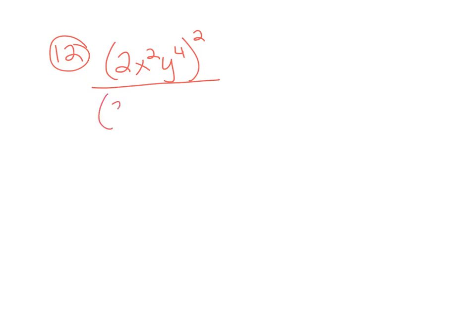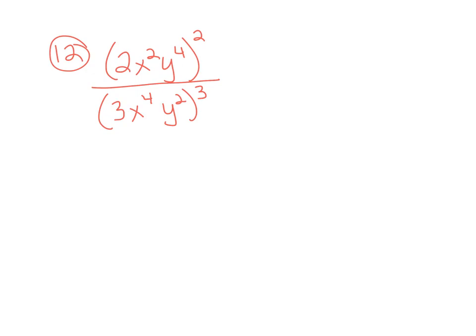All right, what if, however, instead I do this? What if I say 2x to the second y to the fourth, squared, over 3x to the fourth y to the second, cubed?